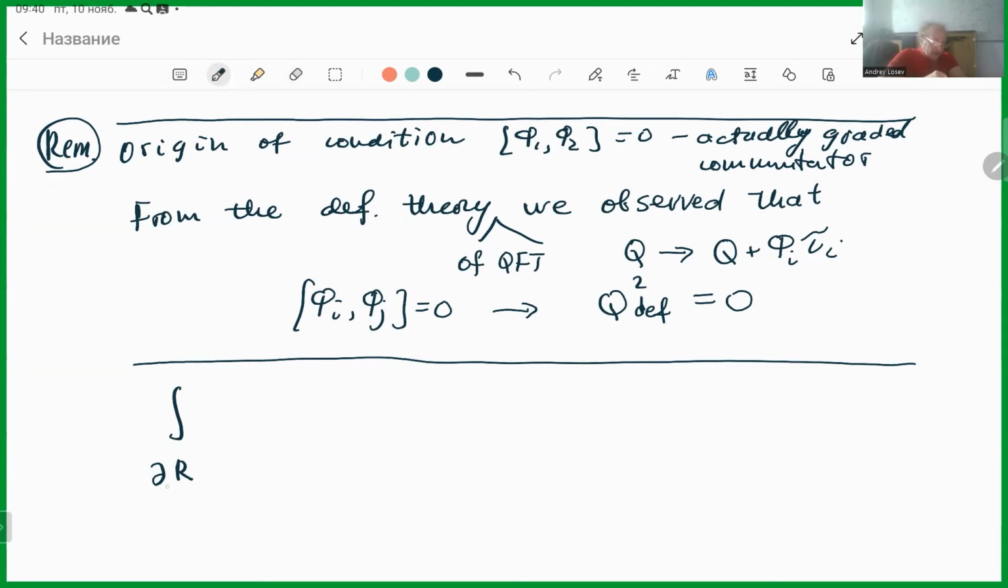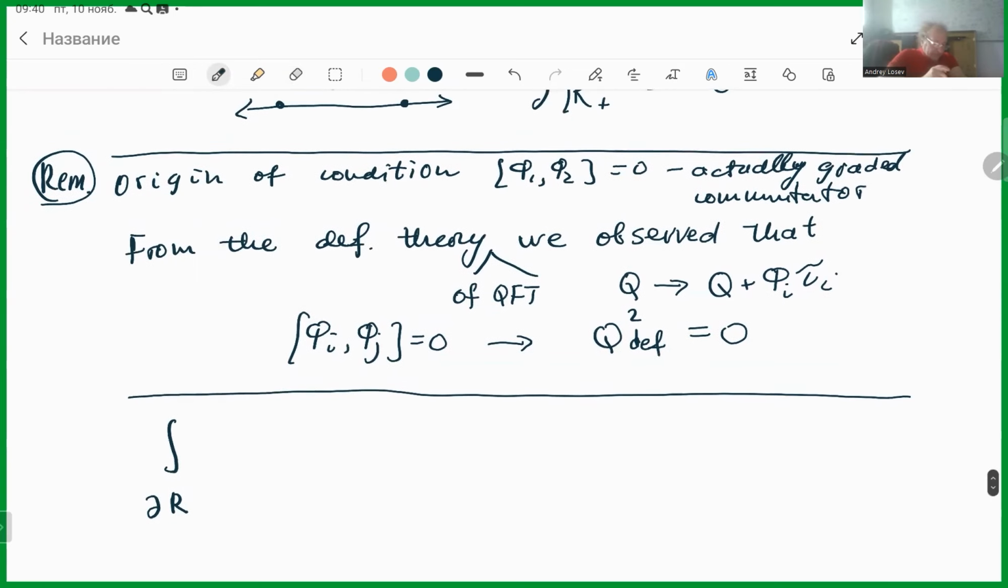Now I have R, not R plus. The integral of I is 0. However, this is the following.